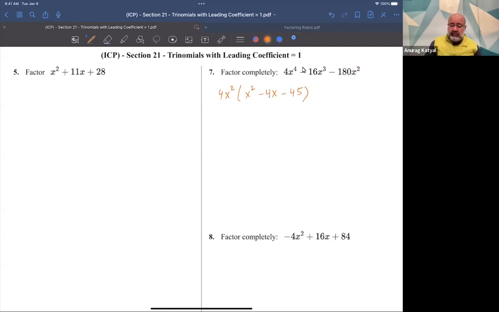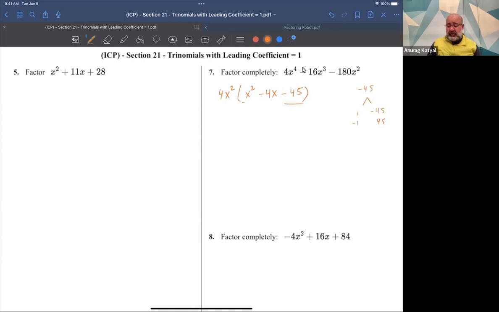So now the AC method says we multiply A and C. A is 1, C is negative 45. So we have to find factors of negative 45. Start at 1. Account for the negatives right away. And then we look at 2. 2 is not going to go into 45.